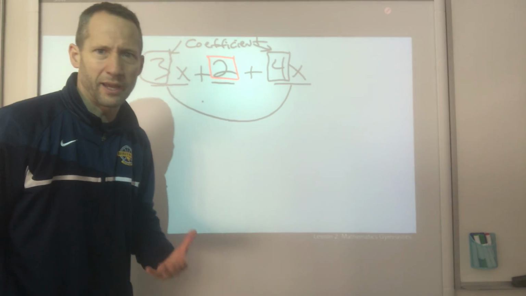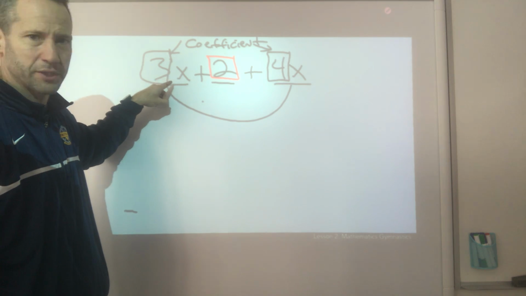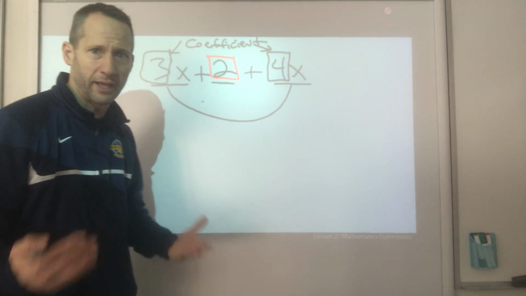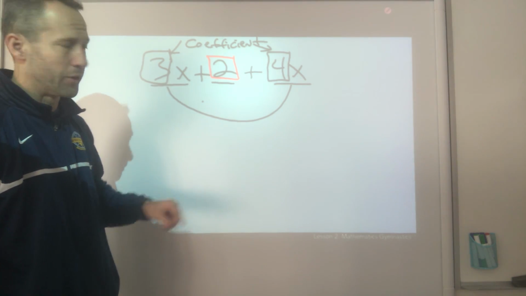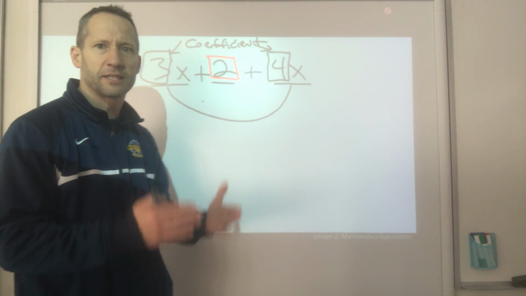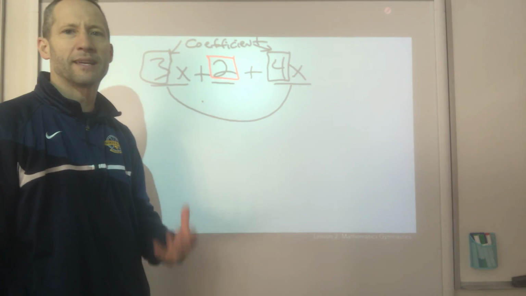Now what makes them alike is that they share a common variable. Both of these coefficients are attached to an x and only x. Notice it's not an x squared, notice it's not a yx. They're both just x. They're exactly the same variables. So we would say that these are like terms. So we can combine them.